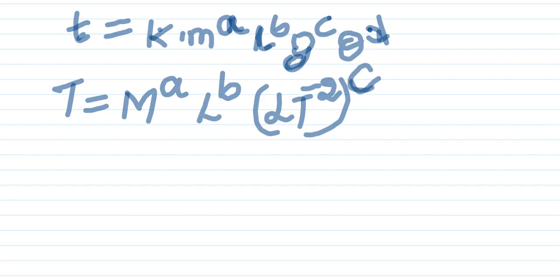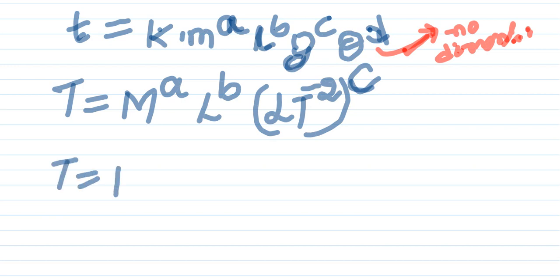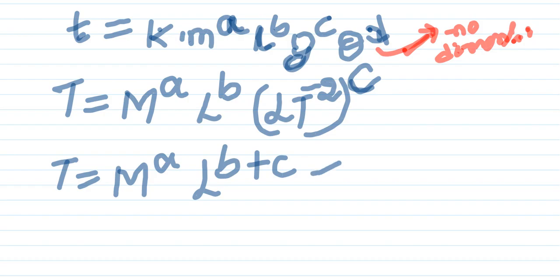Theta is the ratio of the same physical quantity, so theta has no dimensions. So T is equal to M power a, L power b plus c, T power minus 2c.